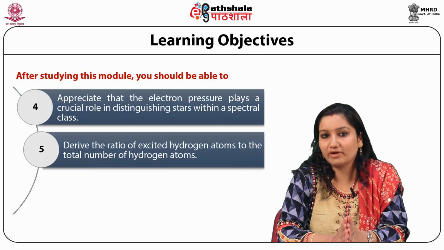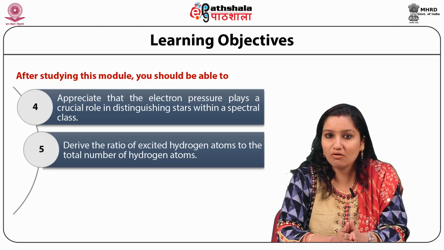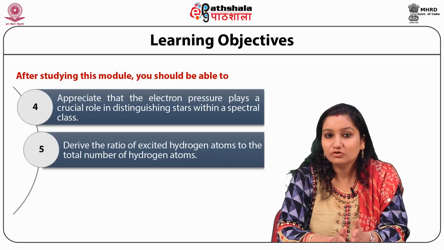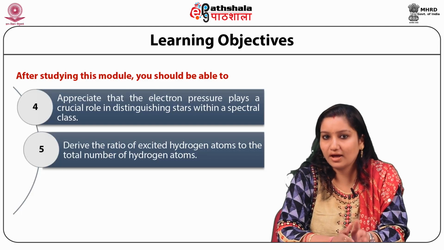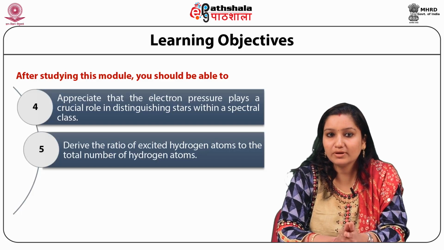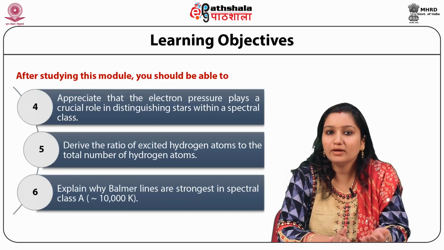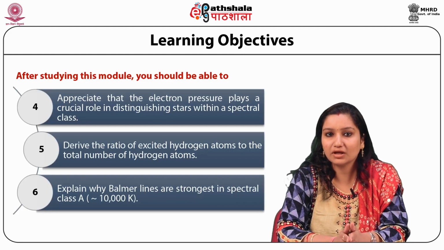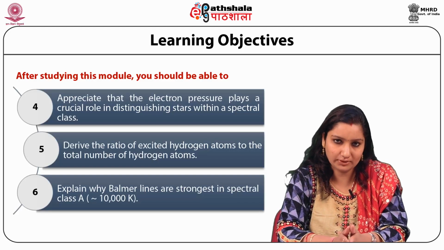We'll be able to derive the ratio of excited hydrogen atoms to the total number of hydrogen atoms. After this module, you'll be able to explain why Balmer series are strongest in spectral class A, that is, with the temperature approximately equal to 10,000 Kelvin.